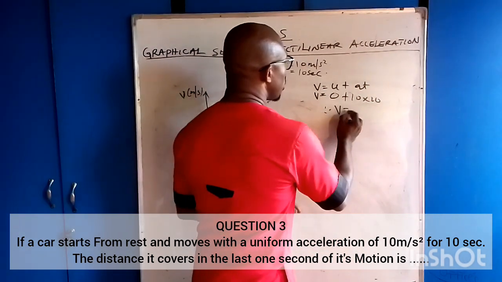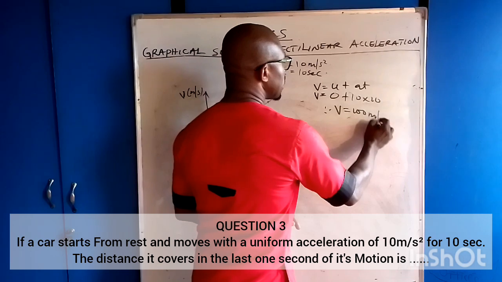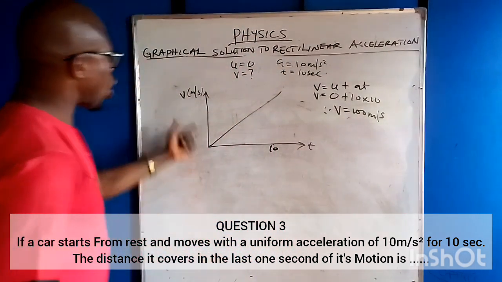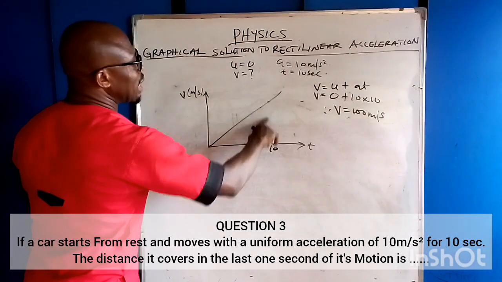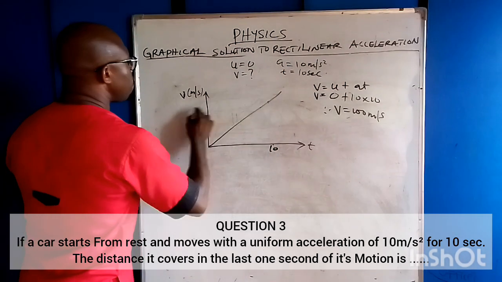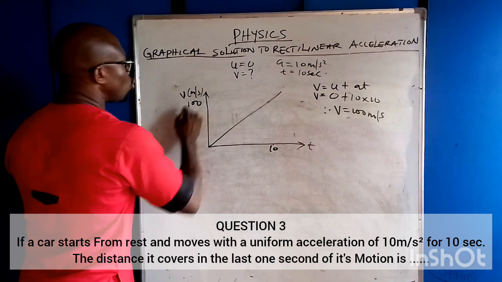Therefore v will give us 100 meters per second. So in other words, in the 10th second, v is 100.